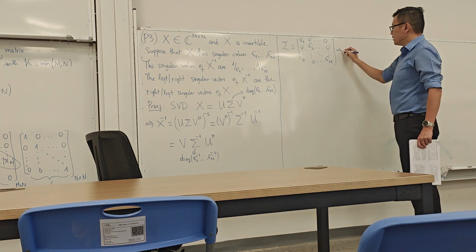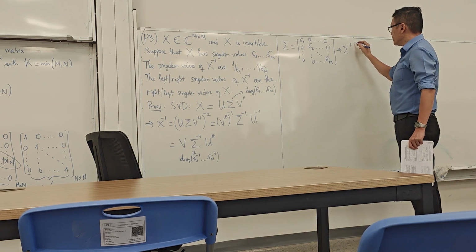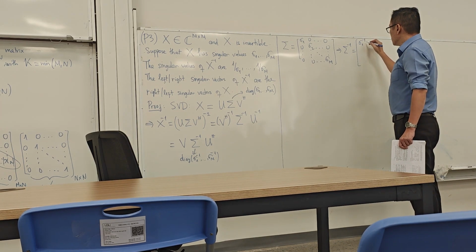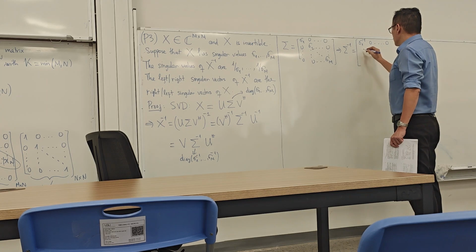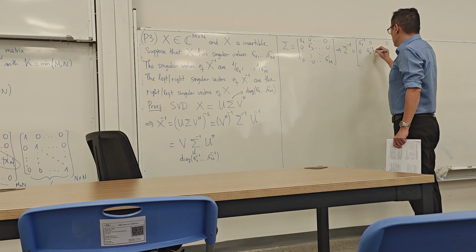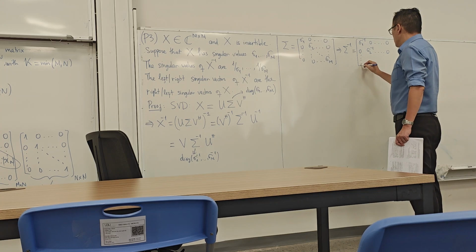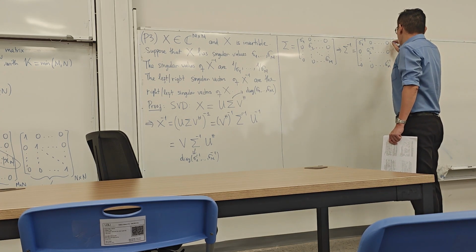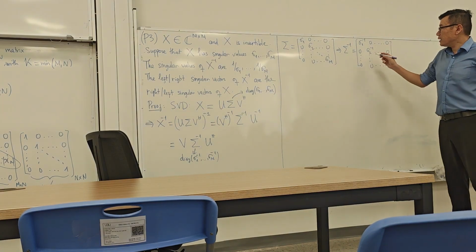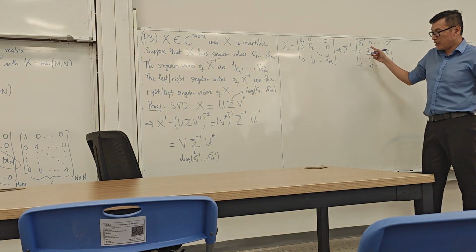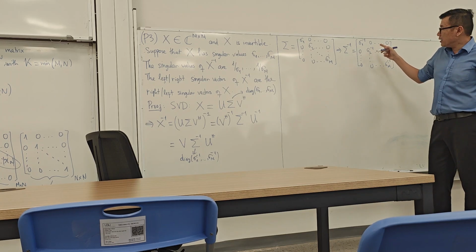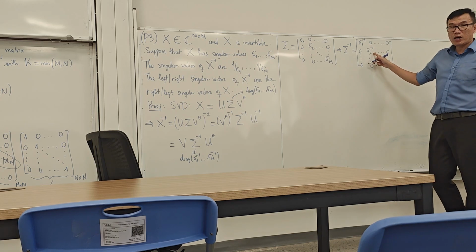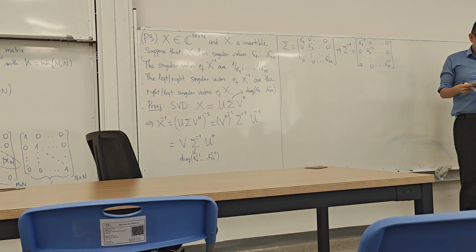And then you can easily find out sigma inverse is the following: sigma 1 inverse, 0, and so on, 0, 0, sigma 2 inverse, 0, and so on, 0, 0, sigma m inverse. Very easy. And then if you see clearly from here, you can conclude that the singular values of X inverse equal 1 over sigma 1, 1 over sigma 2, and so on, 1 over sigma n.